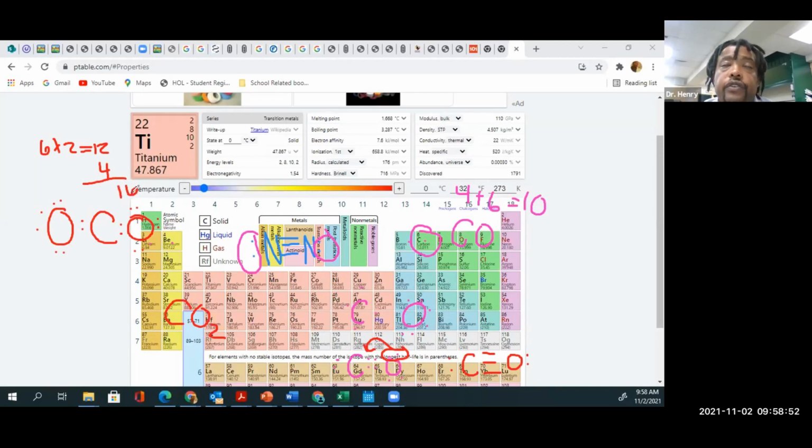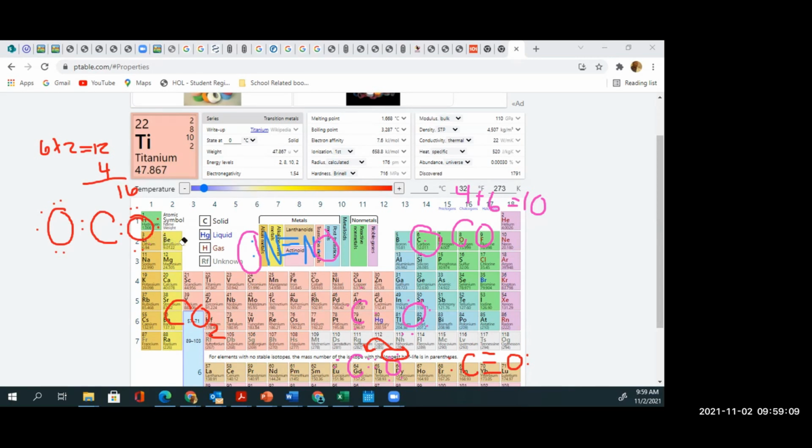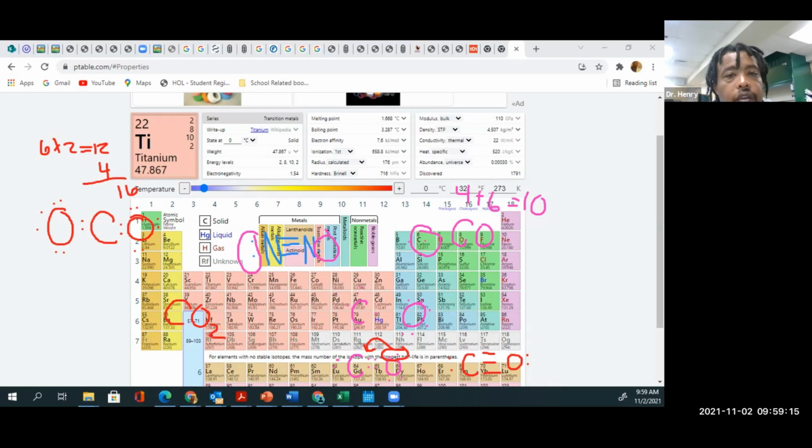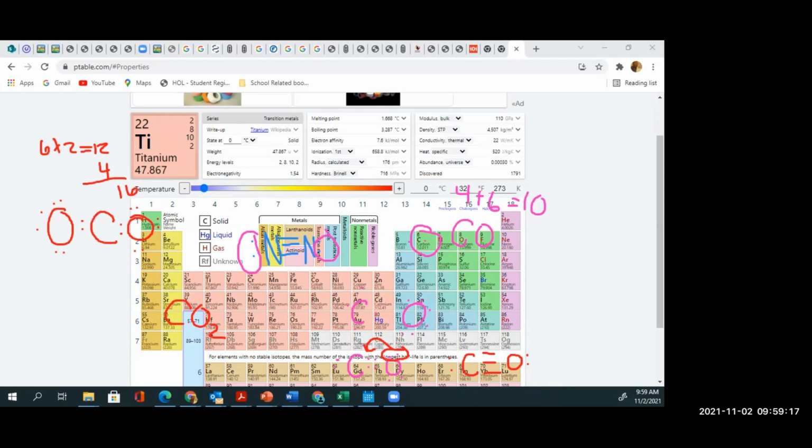Okay, so we want to make sure that we have a total of 16 electrons surrounding all of the atoms together, but we want to try to fix it so that we have 8 around each. So what should I do in this case? Is this when we get to start making bonds? Yep. So how are we going to make bonds so that everybody has 8 around them?